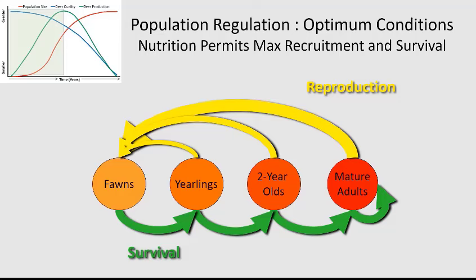And so in this situation, nutrition is permitting maximum recruitment and survival, and you have the rapid rate of growth because the deer that are alive are really healthy, and does are producing their fawns to the maximum ability, and bucks are growing their antlers as big as they can because they have plenty of food to grow antlers.